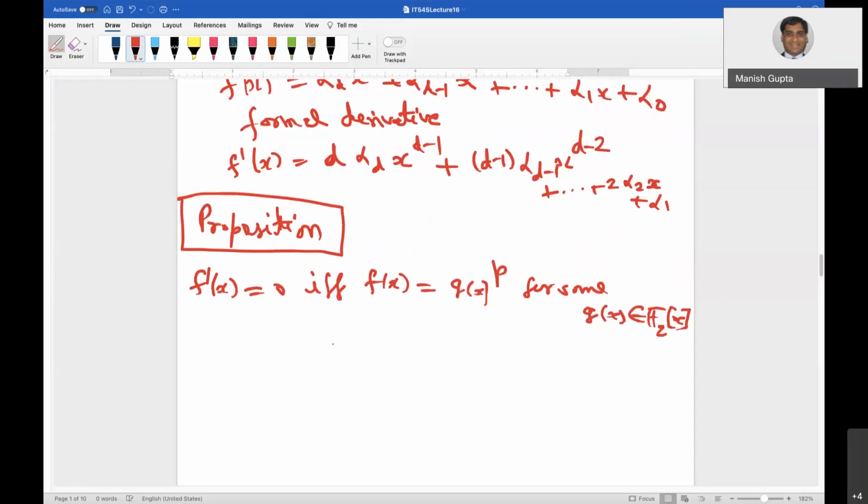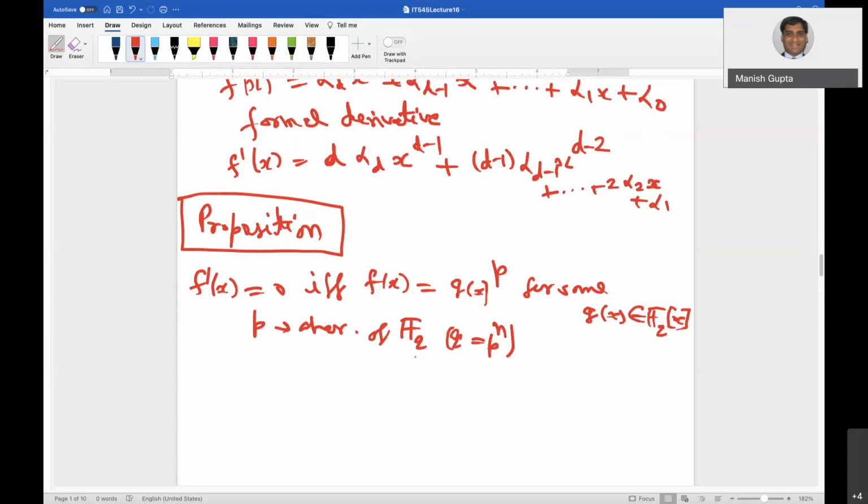And what is p? p is the characteristic of Fq. So we know that q is, say, p raised to power n, right? Finite field with q number of elements, q is some prime power. So p is the characteristic of Fq. So the derivative of f(x) is 0 if and only if f(x) can be written as p-th power of some polynomial g(x).